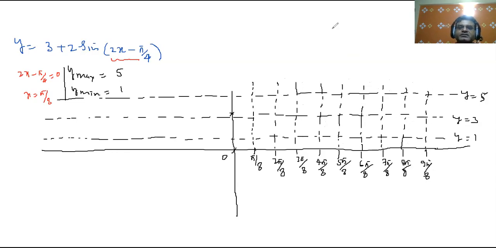Now, the graph will start from when you put x is equal to pi by 8, which means here. The graph will start from here. And the period of the function, as per this, is going to be pi. Why? Because it is 2x, so 2 pi by 2, so the period will become pi. So it will complete one cycle in pi.